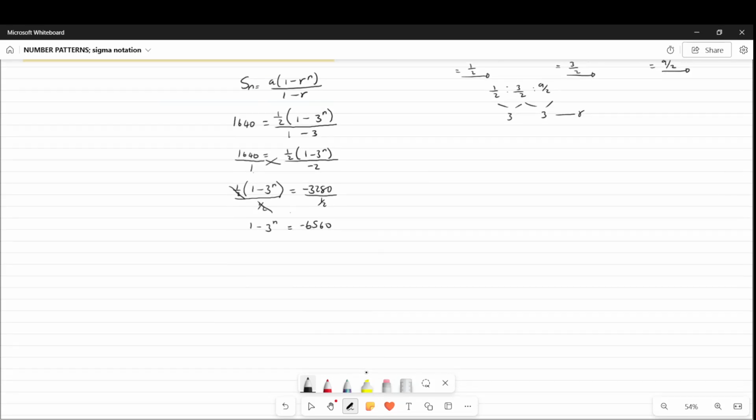Once you reach here, we can transpose the 3 to the power of n to this side and take the constant to the other side. So you'll be left with 1 plus 6560 is equal to 3 to the power of n. So this is going to be 6561 is equal to 3 to the power of n.